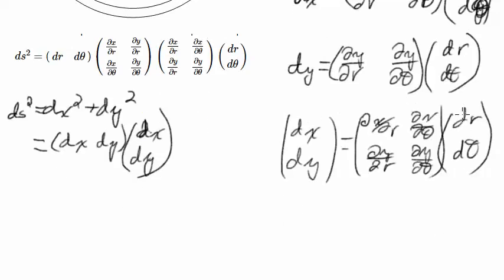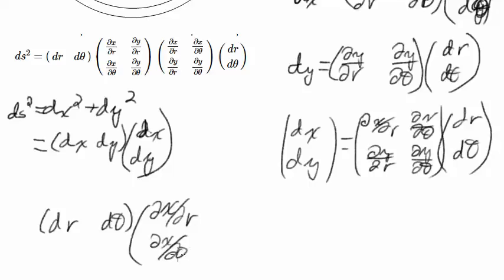So I'm going to write this one in reverse, so that it goes dr d theta, and it's going to be the transpose of this matrix here, del x del r, del x del theta, and then we'll have del y del r and del y del theta over here, and then the rest of it is just copied down.